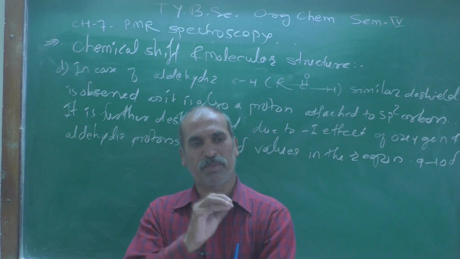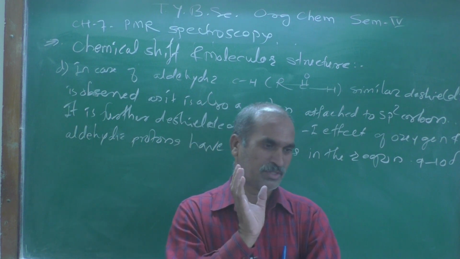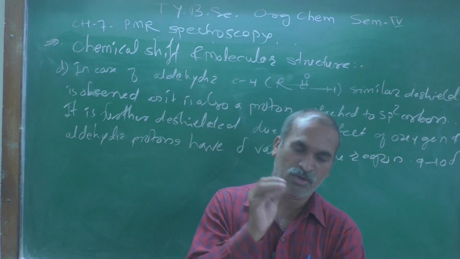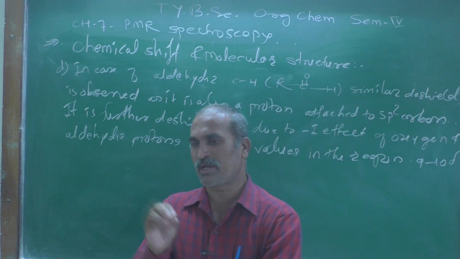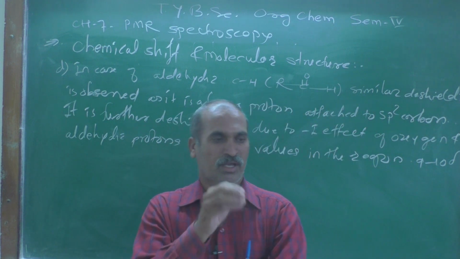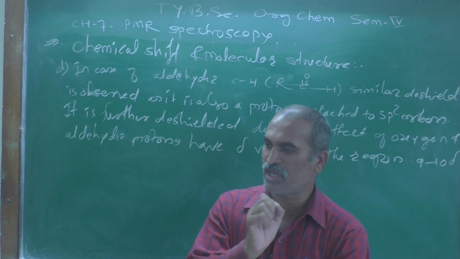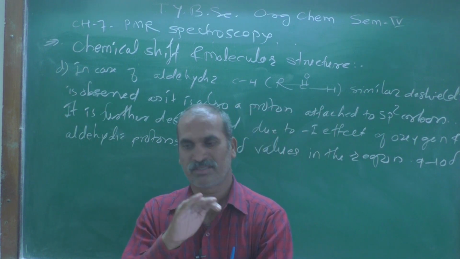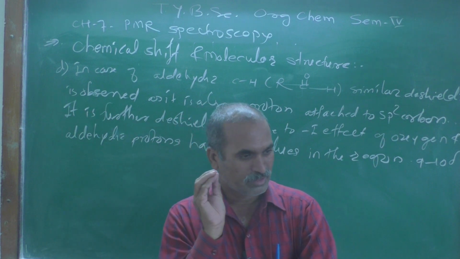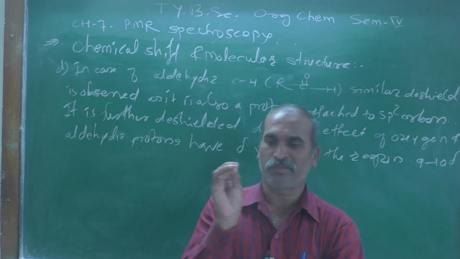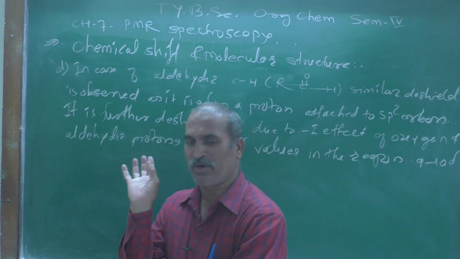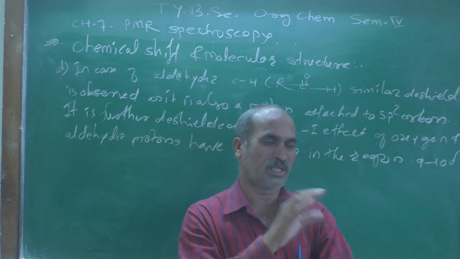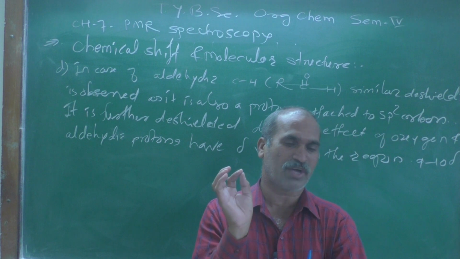So you should remember the base values: aromatic protons appear around 7.3. Aldehydic protons, as we have just seen, appear around 9.5 or 9.7. Olefinic protons appear around 5.3, or generally 4.5 to 5.5.